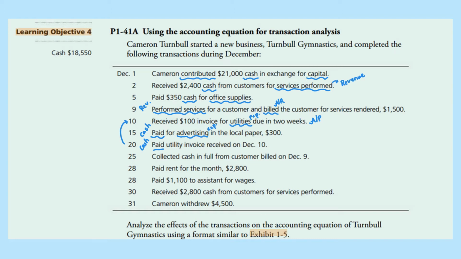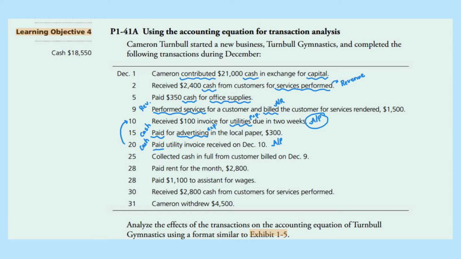I paid for the invoice. So as we said, on December 10th, it's utilities expense and we record it as accounts payable because I did not pay it yet. Now on 20th, I paid. So I paid my debts. I paid the accounts payable. So accounts payable will go down.